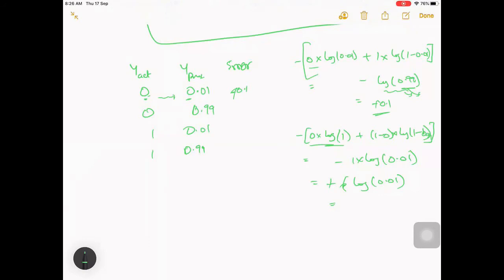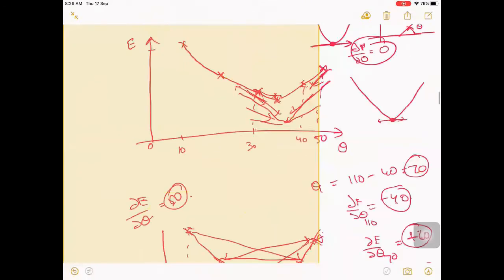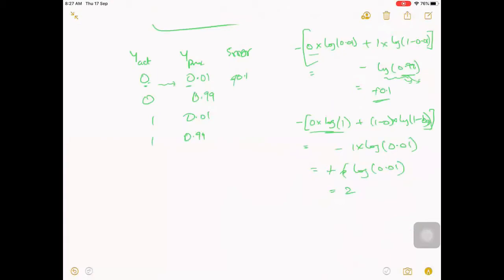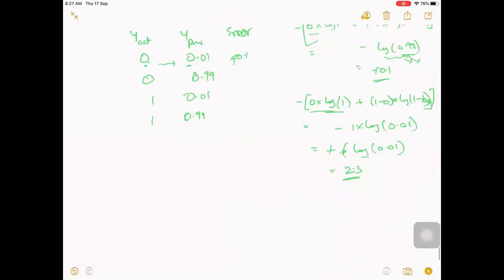It's minus 2, so minus of minus goes to plus, and it will be 2. If it is log base 10, then it is 2. If it is log to the base e, then we have to use ln. Using log base 10, it's 2.3 or something. So this is the value which you got here, 2.3.